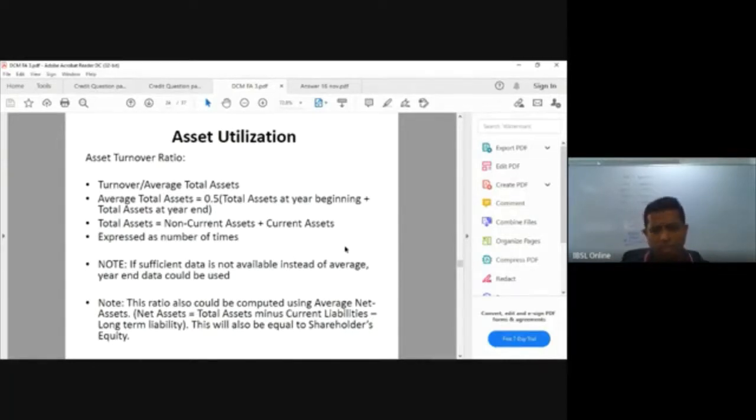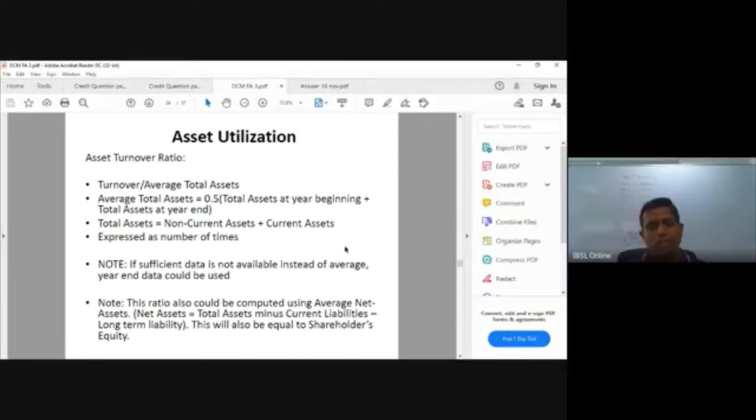asset turnover ratio. Asset turnover ratio is very easy to calculate. You have to take the turnover, divided by average total assets. Why do we take the average total assets? Because one item is from the income statement, the other item is from the balance sheet, right?